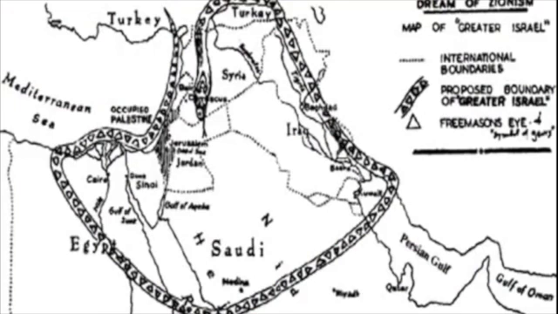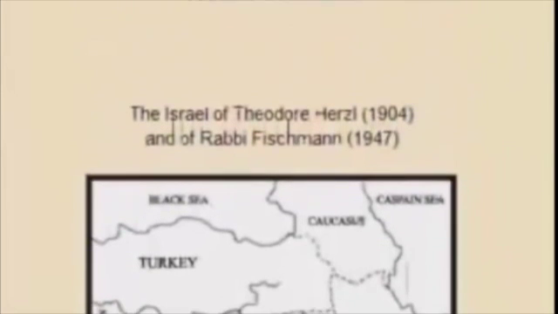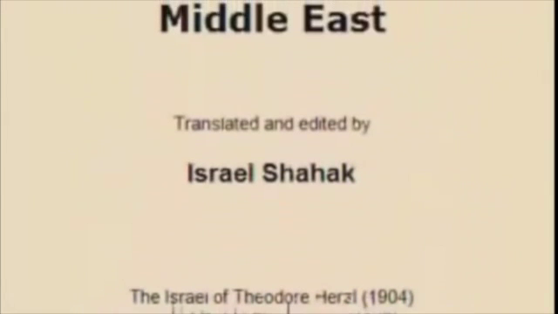I might say that the late Israel Shahak translated Yinon's study into English, and the name of the translation was The Zionist Plan for the Middle East.